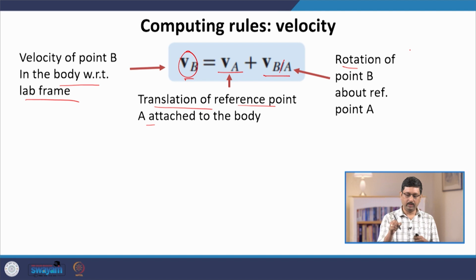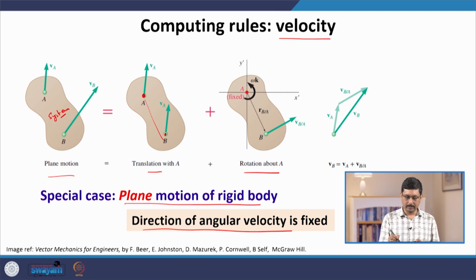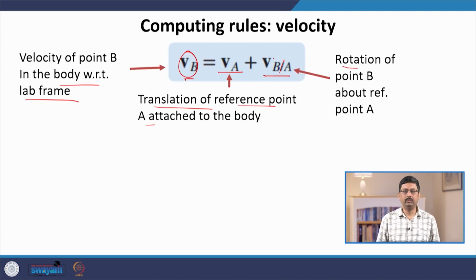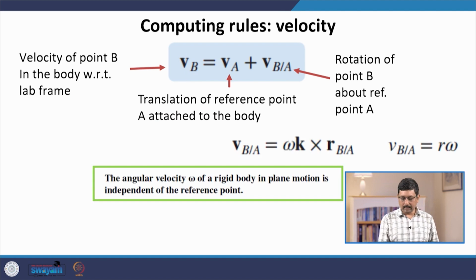If you put A as the center of a circle and take the distance A to B as the radius, then B is doing a fixed axis rotation about the point A. So B is moving in a circle about A. This is the second piece, and it is also something simple: motion in a straight line, or translation of a point, and rotation about the point.